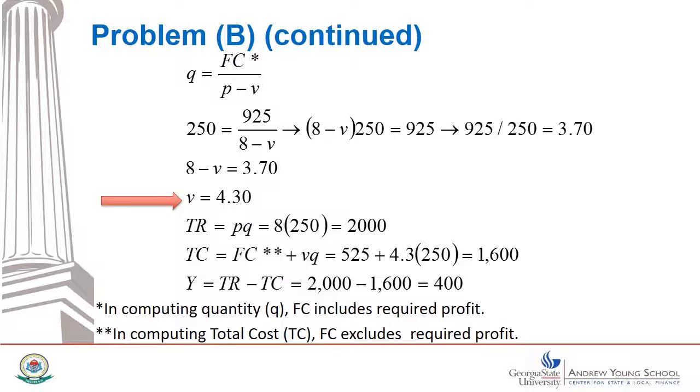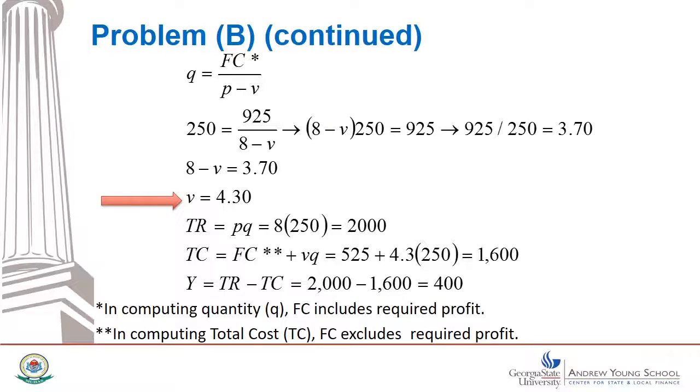Rearranging the formula allows us to get closer to solving for variable cost. Using algebra, we multiply both sides of the equation by the right side denominator 8 minus small v. It cancels out on the right side of the equation, but leaves the left side with 250 multiplied by 8 minus small v.